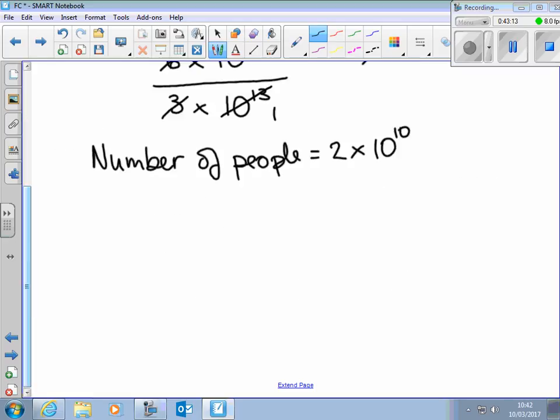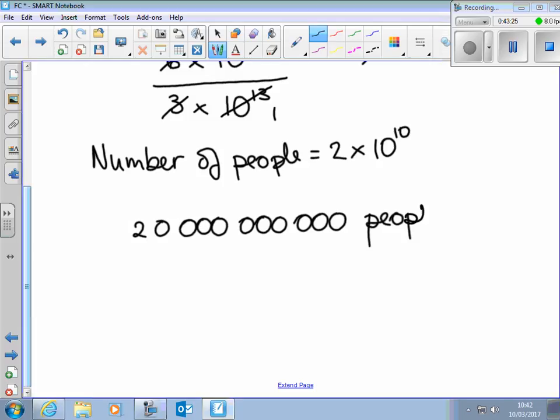Now, to write that out, that's 2 times 10, then 10 zeros in groups of three, 2 with 10 zeros, people. You need that many people to get a mole of human cells. It's 20 billion.